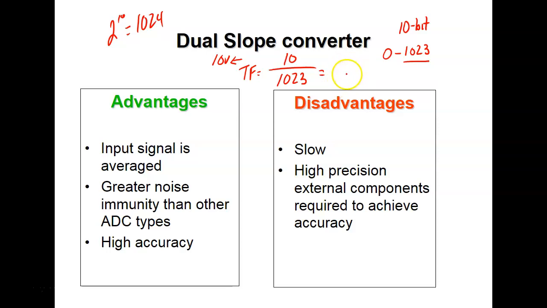So what we got? Per count. Everybody get that?